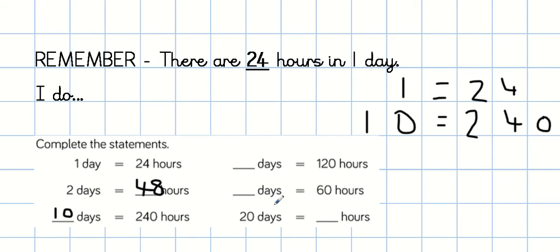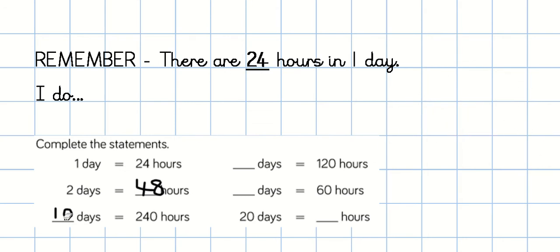Let's pause the video now and see if you can fill in the other 3 blanks. Okay, let's go through them quickly together. We know that 10 days equals 240 hours. So how many days are going to equal just 120 hours? We could do this 2 ways. We could recognise that 120 hours is actually half of 240 hours. And what's half of 10? It's 5 days.